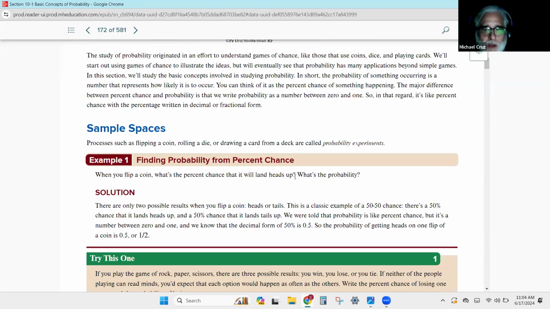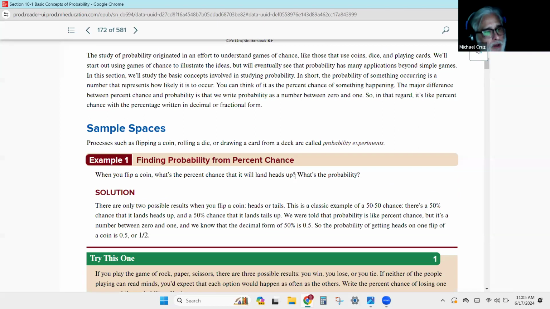But the first thing we need to know in order to calculate probability is sample spaces. A sample space is just the total number of ways an experiment can play out. Like flipping a coin, well, there's a head and a tail. We know that ahead of time.